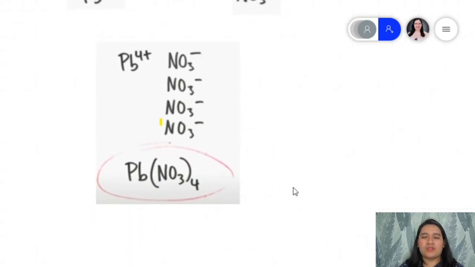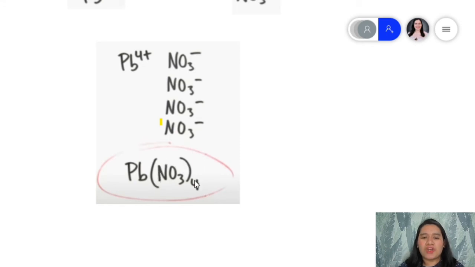Okay. So let us write the name. We count the elements present. We have 1 lead here, so Pb. Then we will use parentheses. Why? Because this is a polyatomic ion. Again, we will only use parentheses if it is a polyatomic ion.